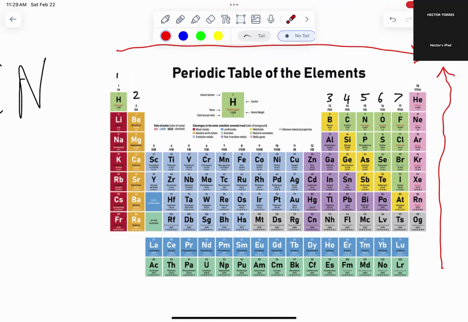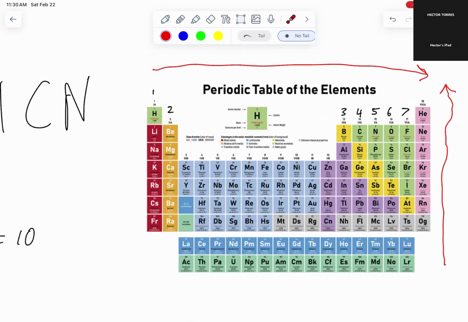The way I like to think of it is fluorine is the most electronegative atom. So if you get closer to fluorine, you're going to be more electronegative. So comparing nitrogen and carbon, nitrogen is going to be the more electronegative atom. So carbon is more likely to be the central atom.